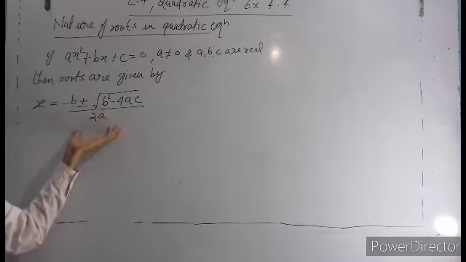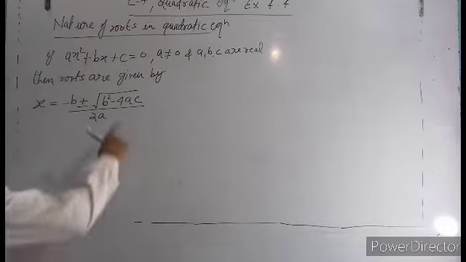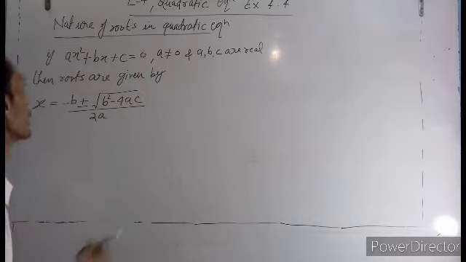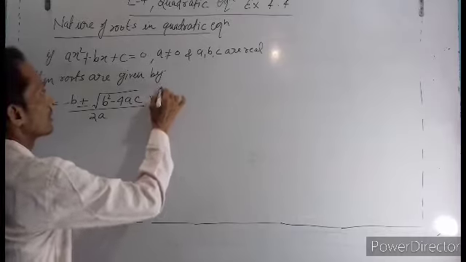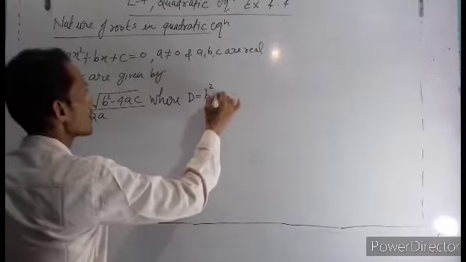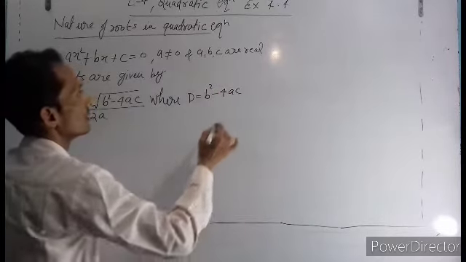That is also known as the quadratic formula, where this quantity is called the discriminant of the quadratic equation, where d equal to b square minus 4ac.